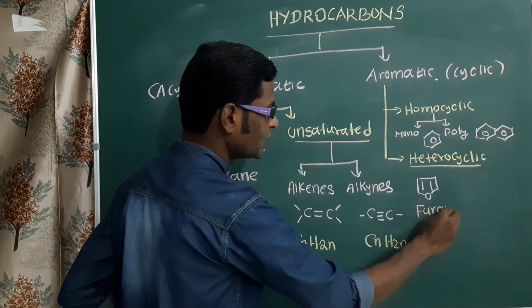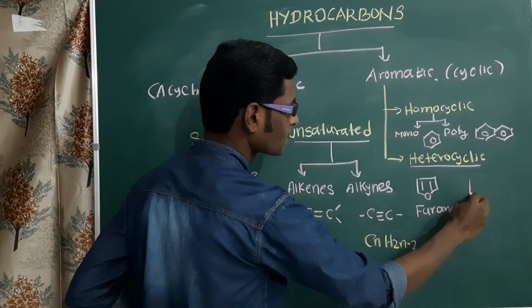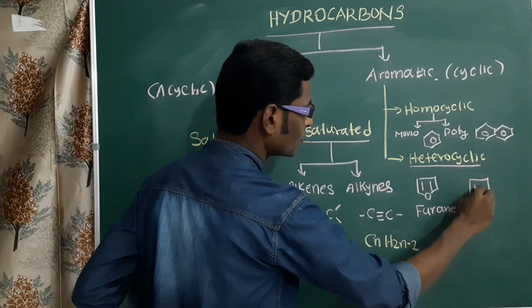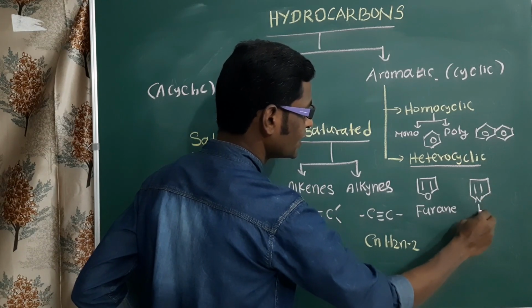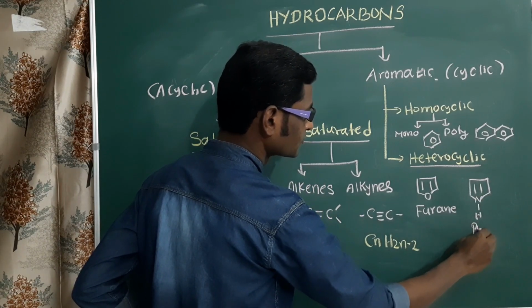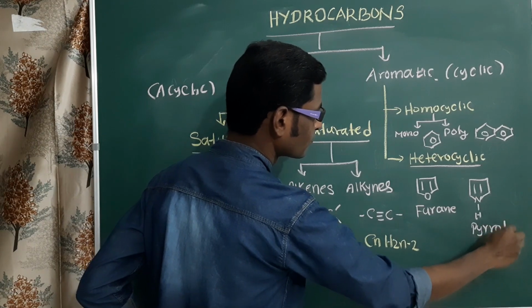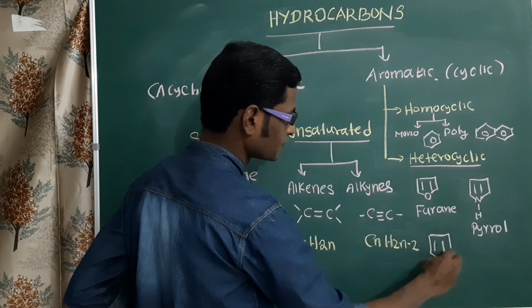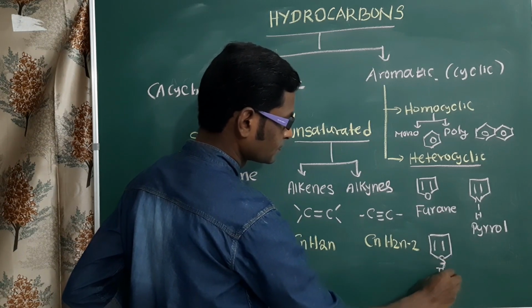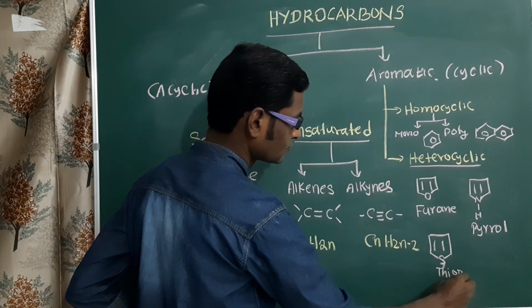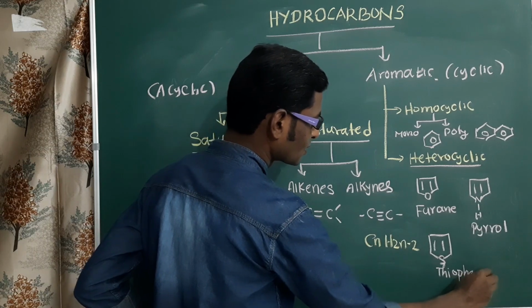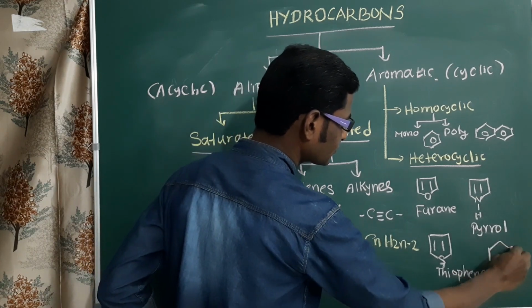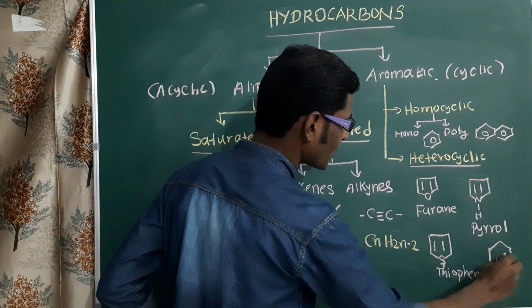Here oxygen is the heteroatom. Pyrrole, here nitrogen is the heteroatom. Thiophene, sulfur is the heteroatom. Pyridine, here nitrogen is the heteroatom.